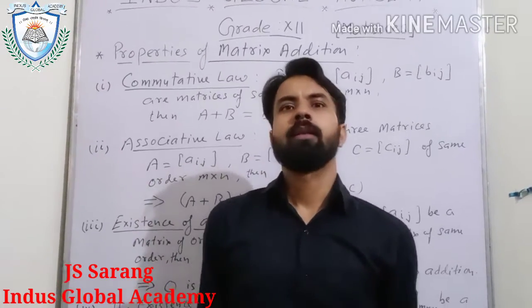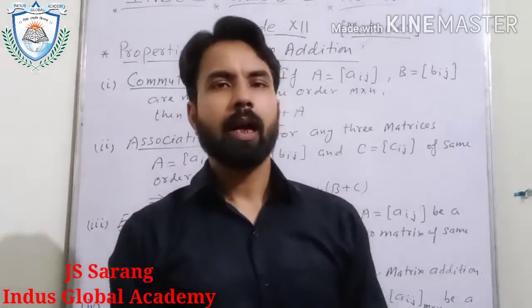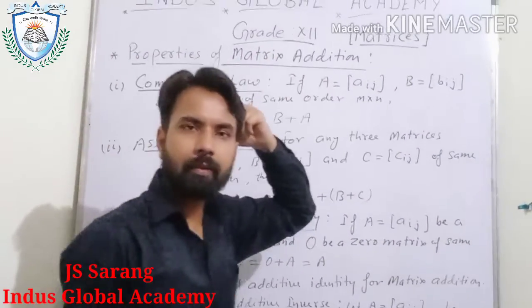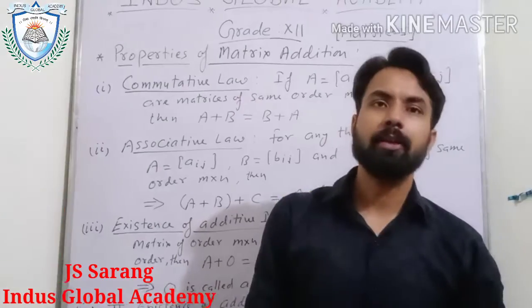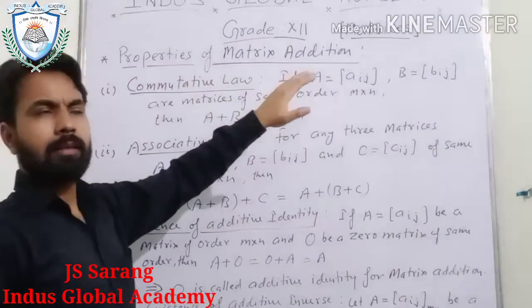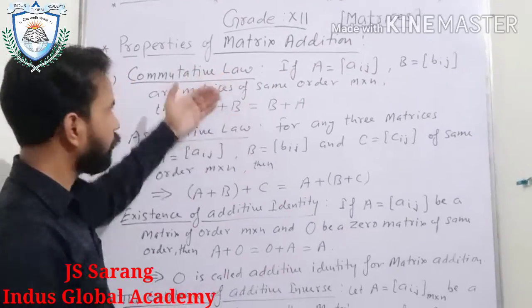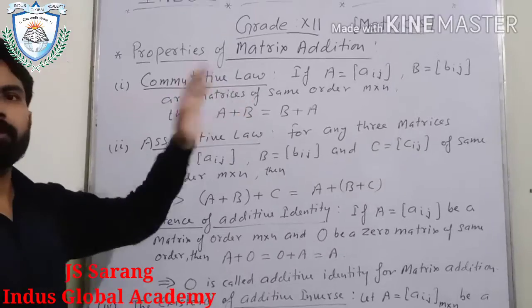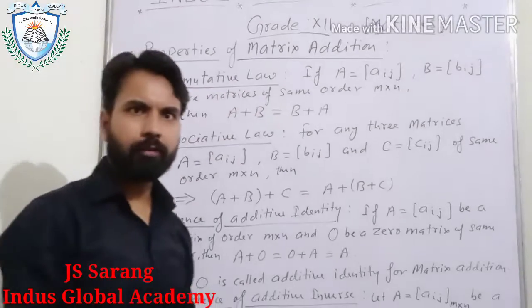Good. Students, now we will discuss some properties of matrix addition. These are the properties of matrix addition. The addition of matrices satisfies these 4 laws. The very first law is the commutative law. You know very well the commutative law.